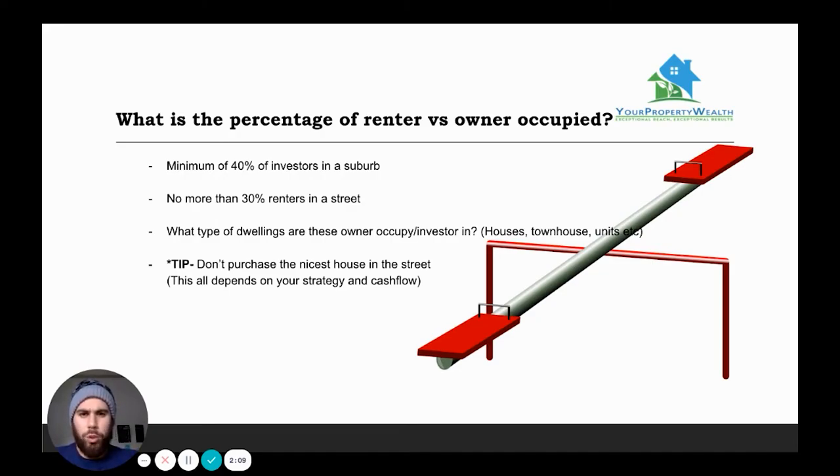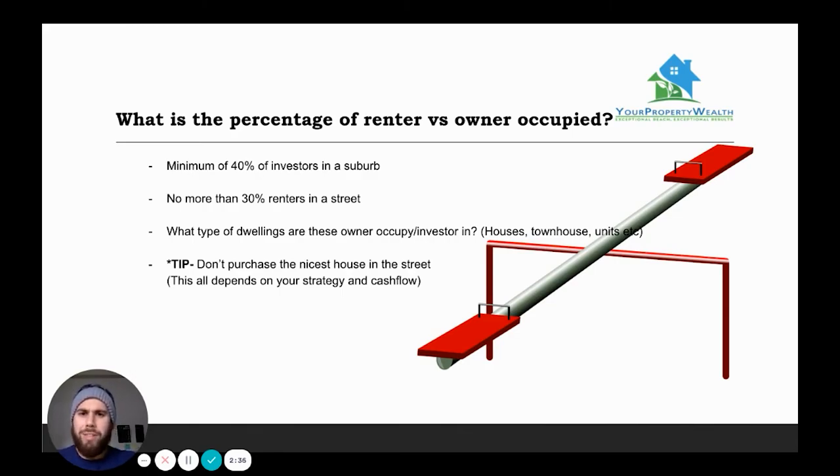Now, what's super important is that we make sure it's 30% or less renters in a particular street. But as well, when we're looking at a suburb level, let's just say, for example, there's 80% or 70% renters. I've got a very good example here. Look at Bondi. It's 70% renters in Bondi.